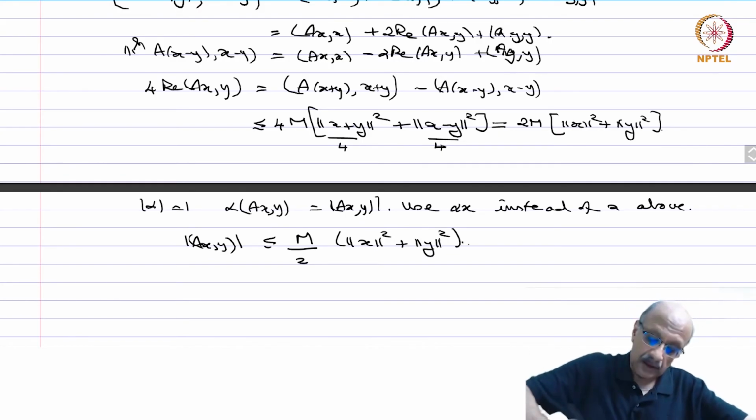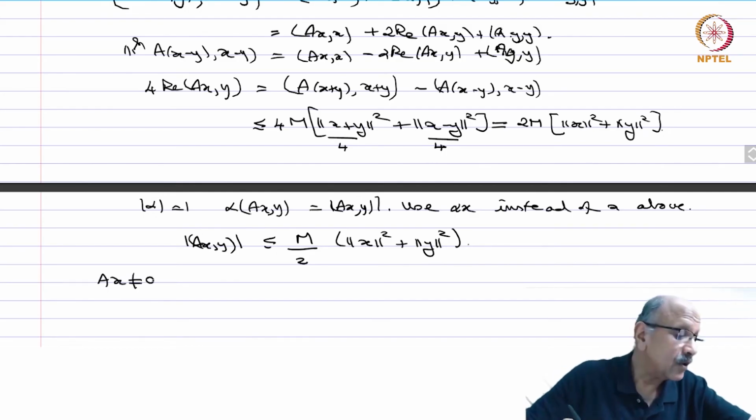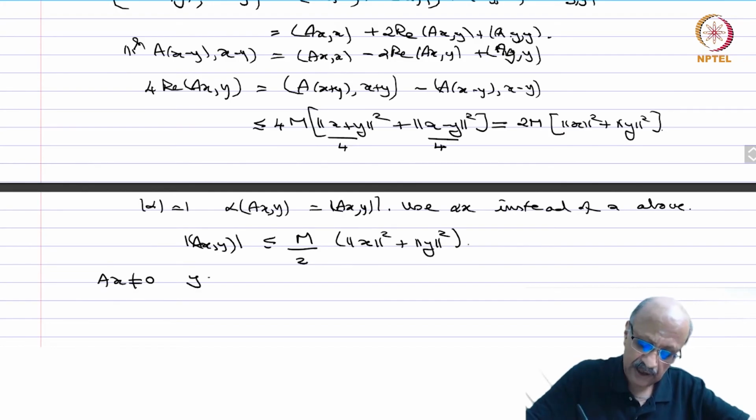Okay, now choose x with Ax not equal to 0. If Ax is 0 there's nothing for us to do because we are looking at the maximum value of A(x,x). So Ax not equal to 0, and y equals norm x by norm Ax into Ax.